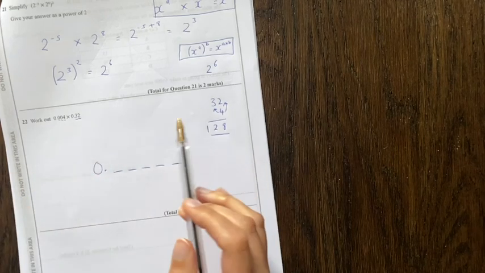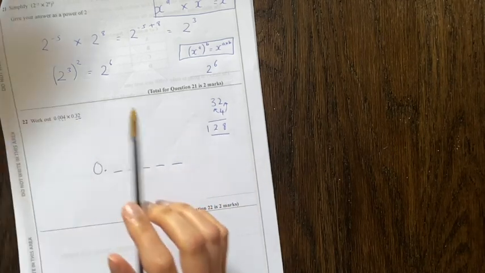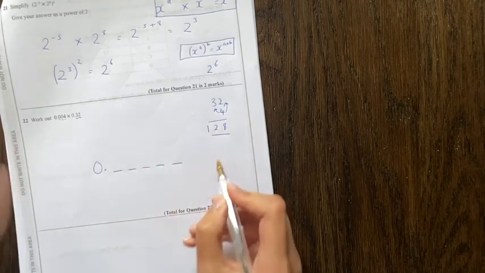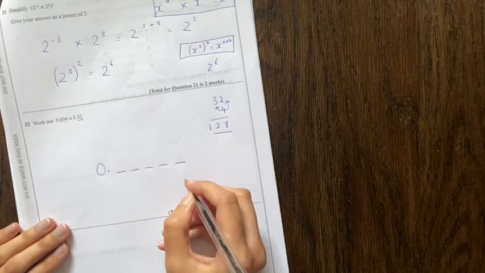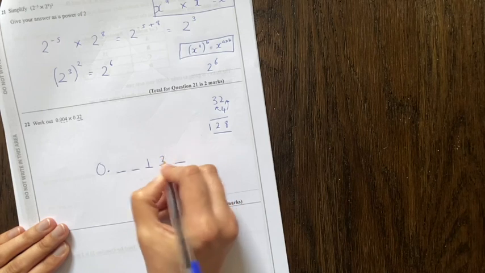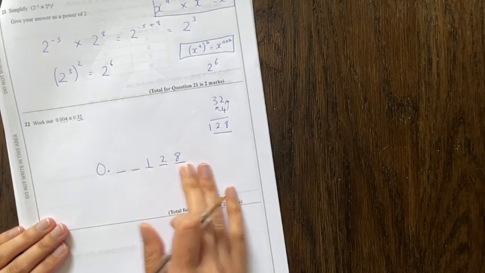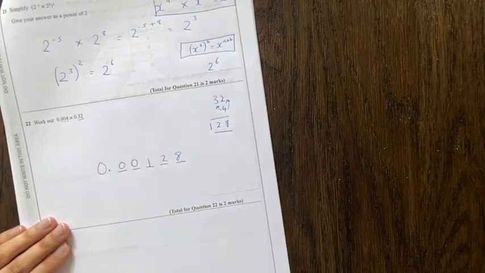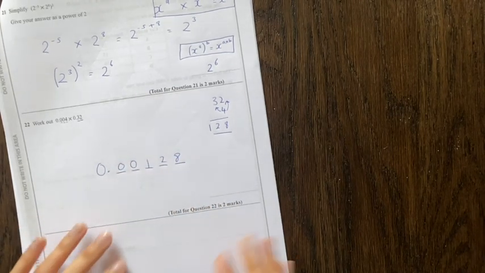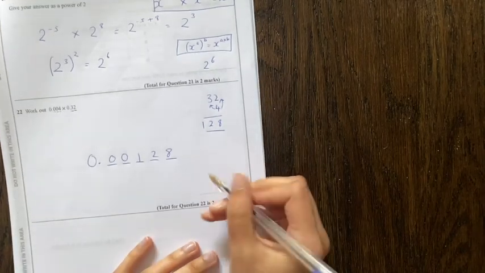The answer isn't 128 though, it's going to be a decimal, and we know that there's only going to be 5 decimal places, so I'm going to put 128 as the numbers that finish it off, and then I fill the gaps with the zeros. And that's the answer. I'll just put it here.